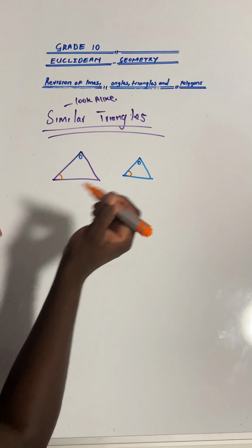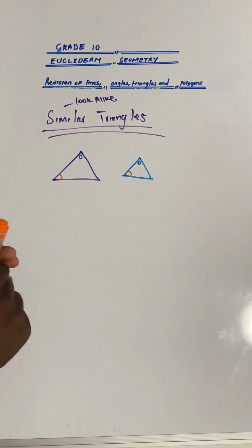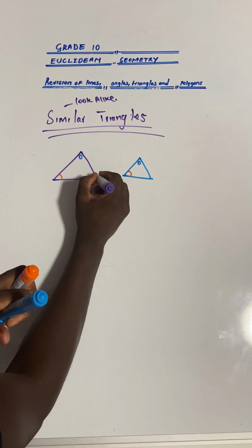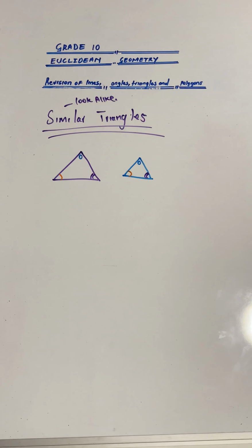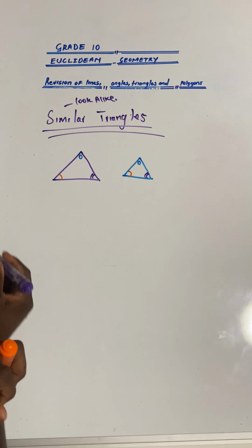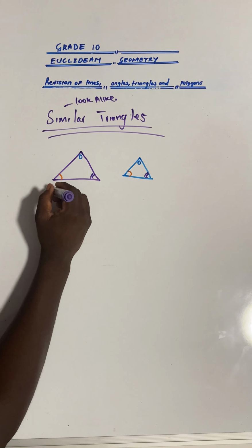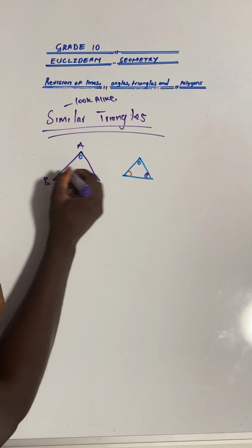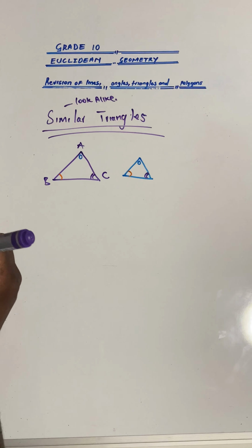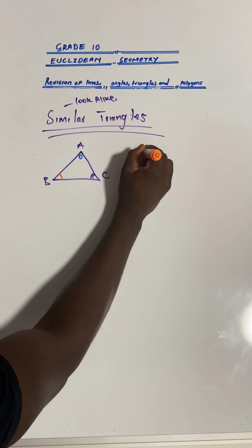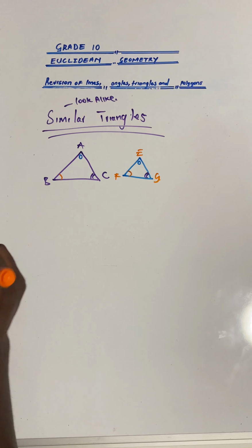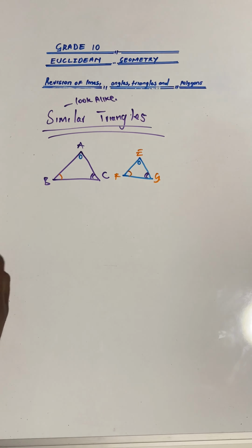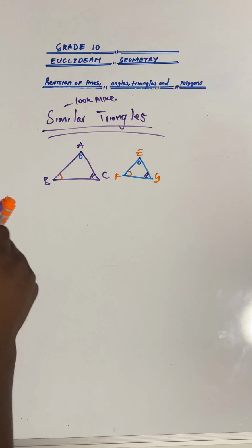So on the issue of similarity, the first one we can use is angles. Say this is triangle ABC, and this maybe is EFG. You can even see from the sizes that they are not the same thing. They are similar, as I was explaining with the example.